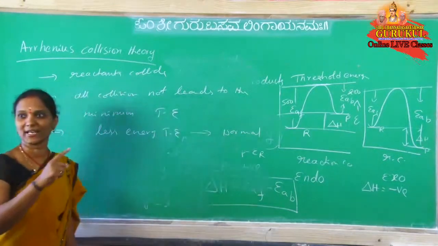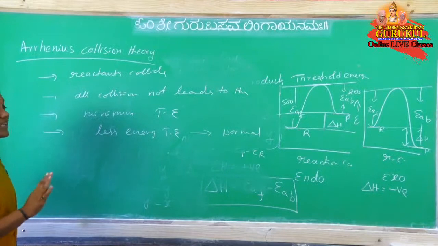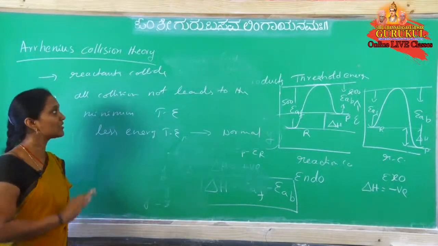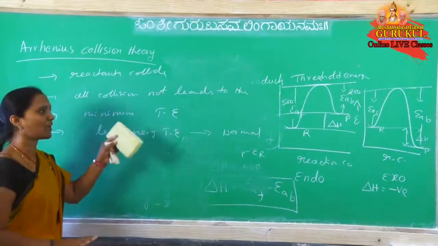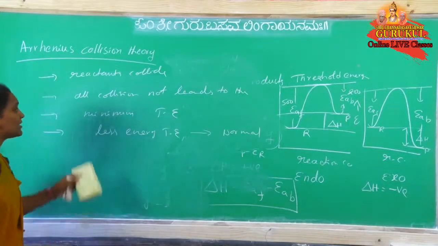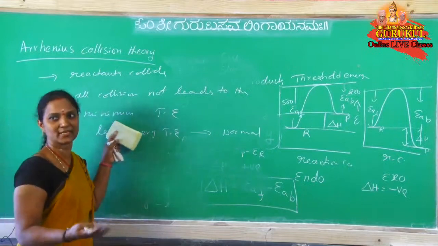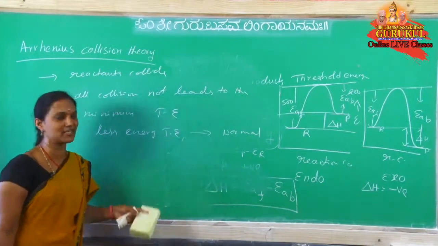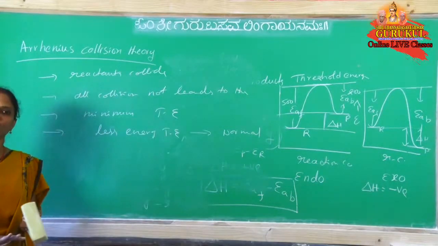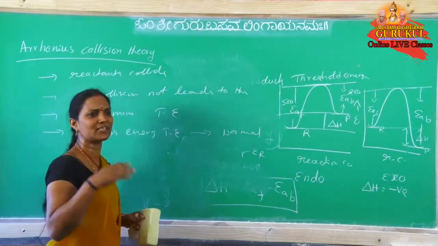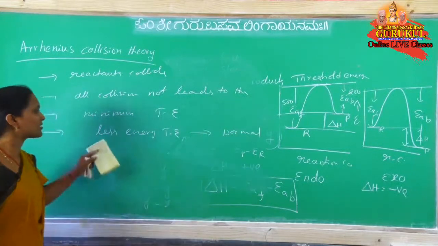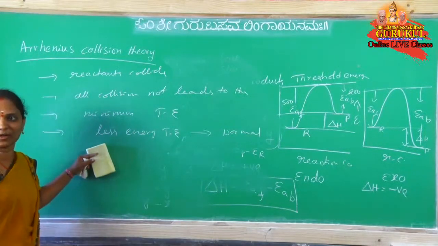What are the correct statements according to this Arrhenius collision theory? First they are considered as hard spheres, and they collide with each other, but not all collisions lead to the formation of product because they must contain some minimum energy, the threshold energy. Most of the reactants are initially normal, like normal students, and only after vigorous practicing do they change to top students. So they have less energy; these are normal molecules.